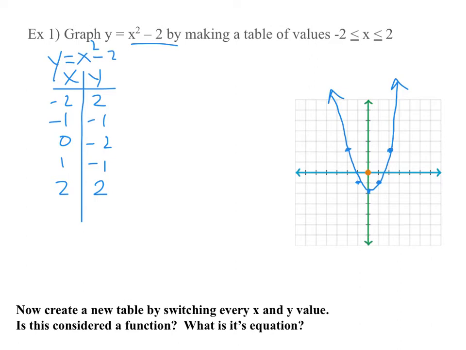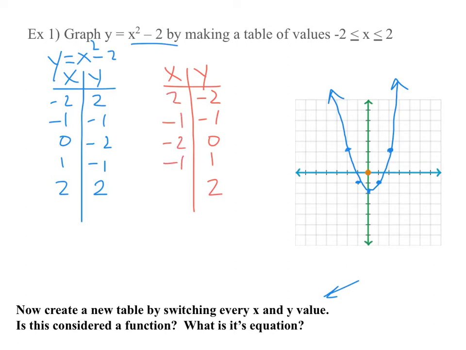So now I want to make a new table by switching every x and y value. So I'm going to make a new table, and I'm going to switch all the x's and the y's. So -2, -1, 0, 1, 2 are now y values, and 2, -1, -2, -1, and 2 are x values. So let's plot those points. So 2, -2; -1, -1; -2, 0; -1, 1; and 2, 2. Oops, I'm missing these. Can't plot my points well.